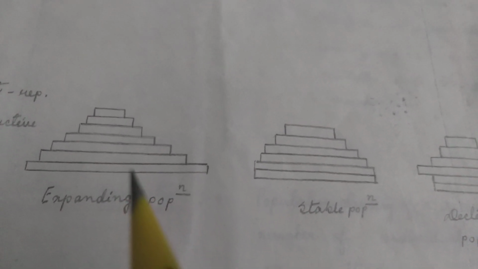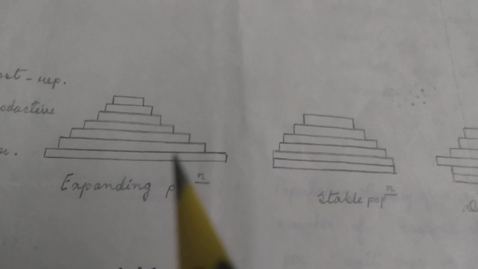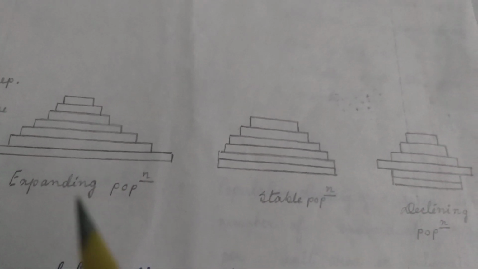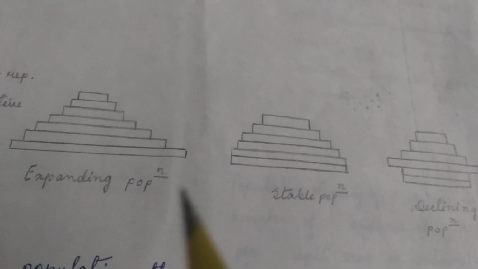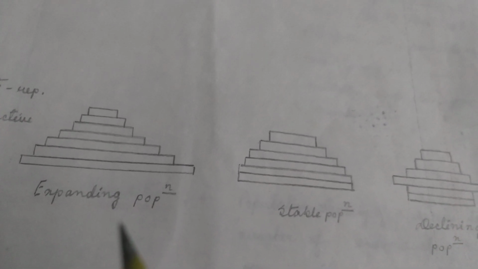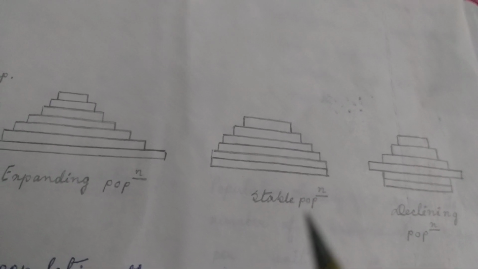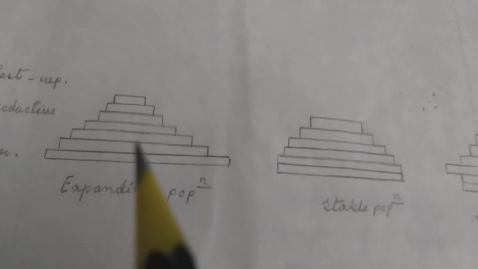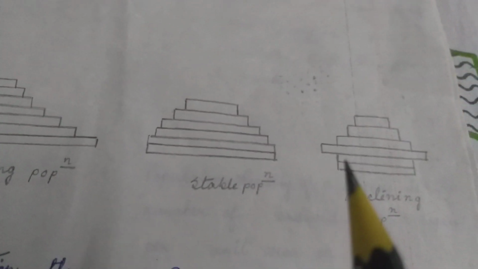The shape of the age pyramid reflects the growth status of a population. It tells us whether a population is growing, whether a population is stable, whether a population is declining. We can get the information from the shape of the age pyramid.